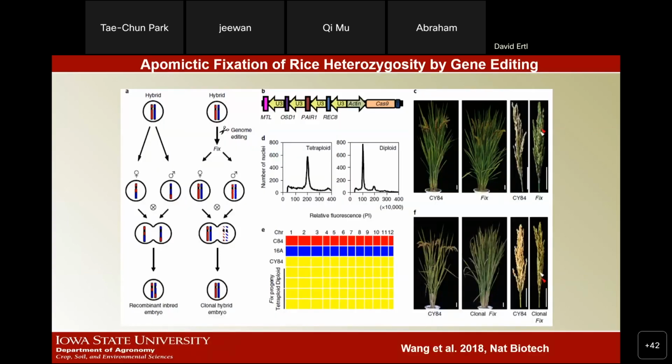One example that I pulled out is the transfer of rice, which has been bred as line varieties in the past and more recently as hybrid varieties. There's an example that you can use just 4 genes to convert heterozygous genotypes into apomictic genotypes that can be clonally seed propagated.